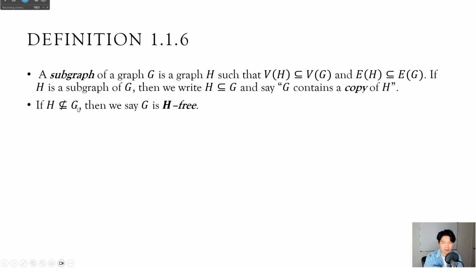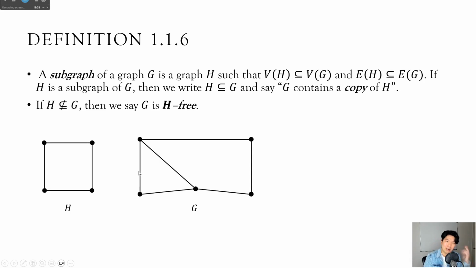So once again, we're going to look at this in terms of an example. Here I've gone ahead and defined two graphs, H and G. H just looks like 4 vertices that are connected in a square shape, and G is this bigger graph.